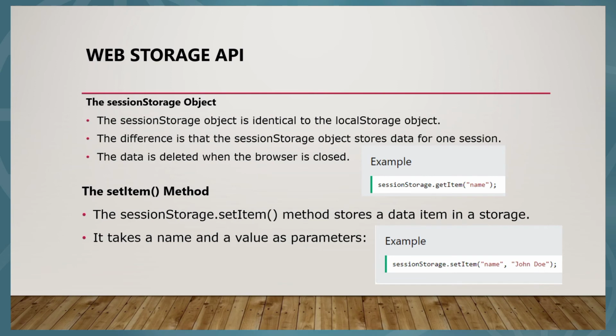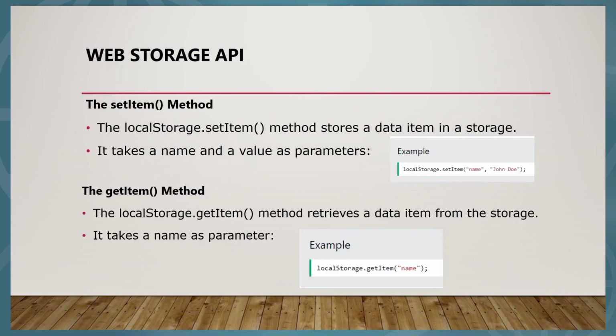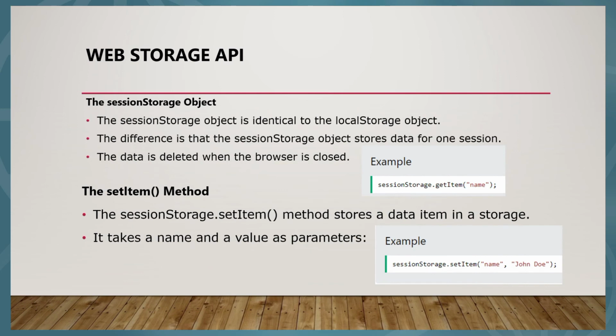The session storage object. The session storage object is identical to the local storage object. The difference is that the session storage object stores data for one session. The data is deleted when the browser is closed. So, unlike the local storage object, where the data is stored with no expiration date and will not be deleted when the browser is closed, it is like the opposite.